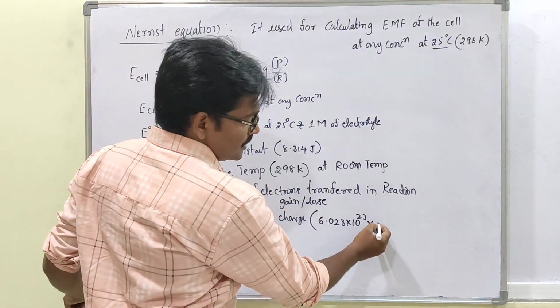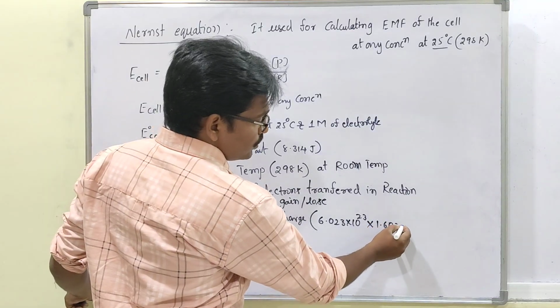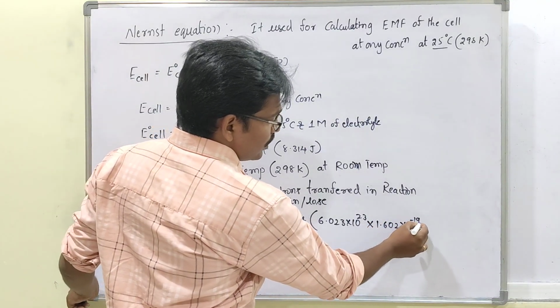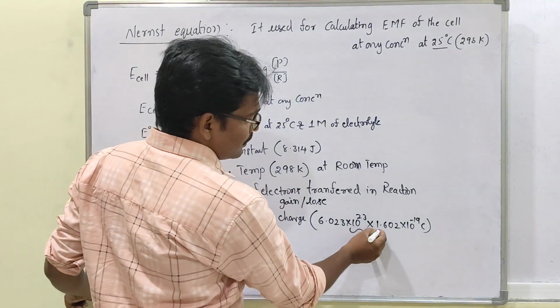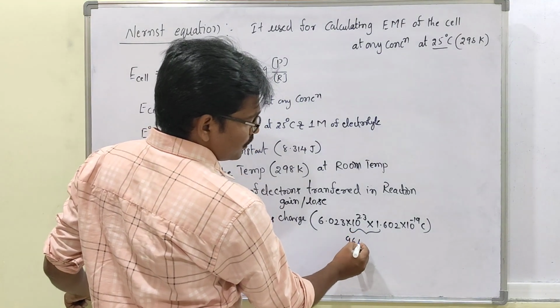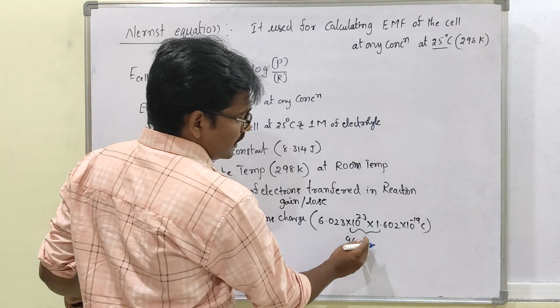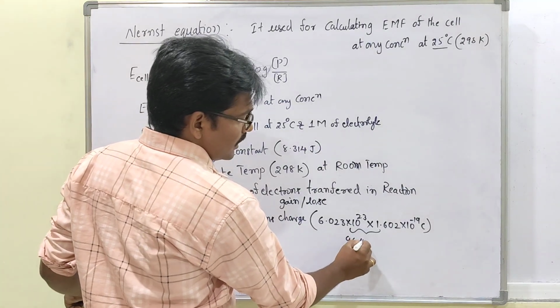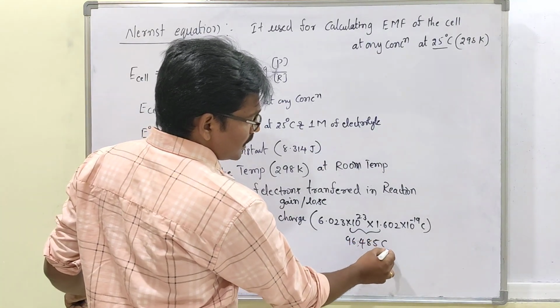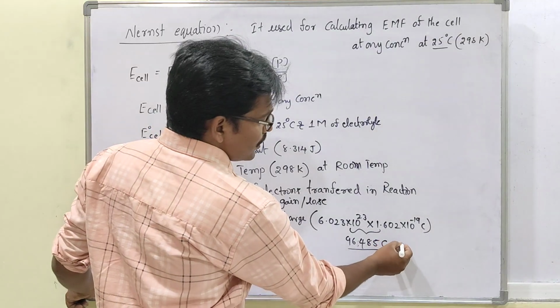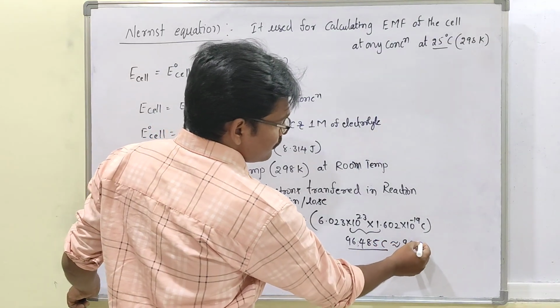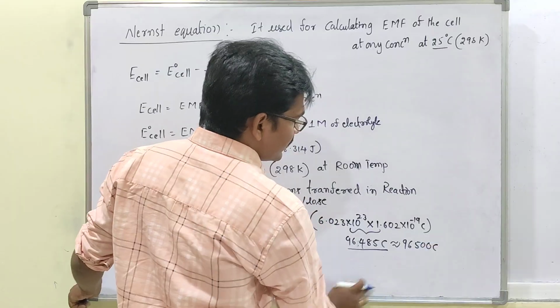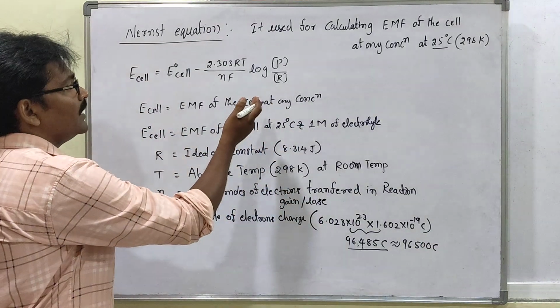Each electron charge is 1.602 into 10 to the power of minus 19 coulombs. When both are multiplied, you get 96,485 coulombs. We take it approximately as 96,500 coulombs, right?